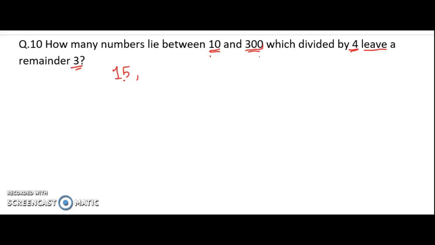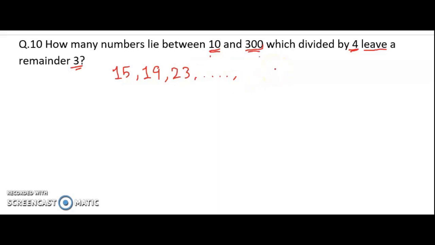So this is the first number between 10 and 300 which when divided by 4 leaves the remainder 3. The second number will be 19. If you divide 19 by 4, then it will leave the remainder 3. Same way, the third number will be 23, and like this.